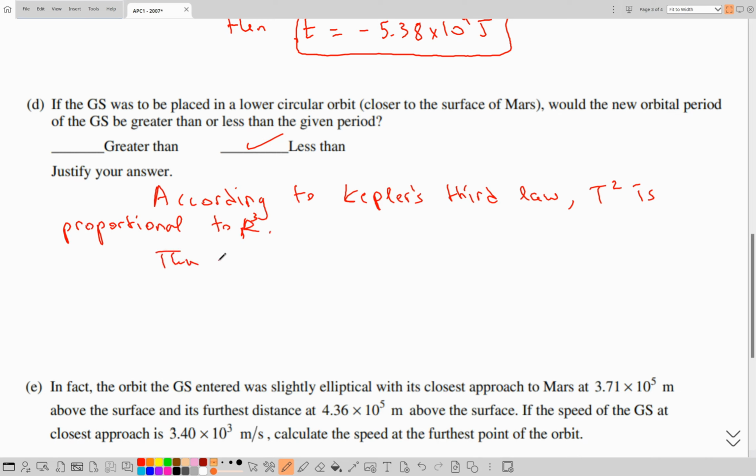Then as r decreases, T decreases as well.